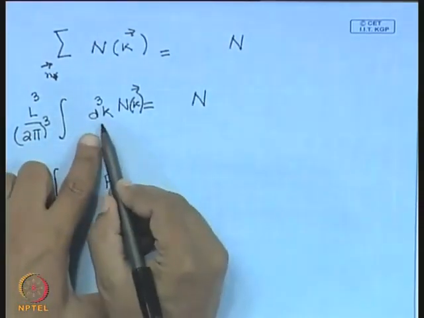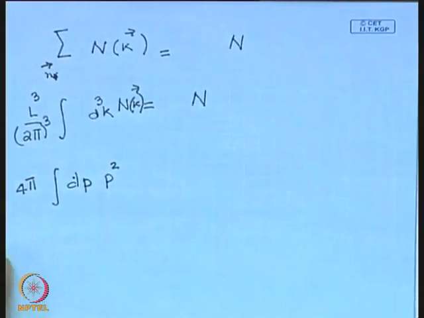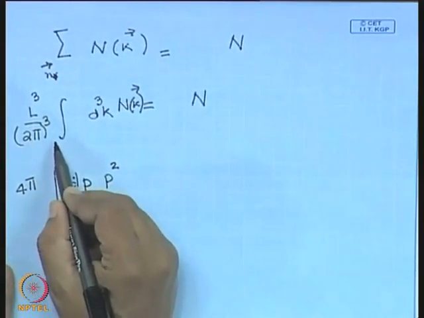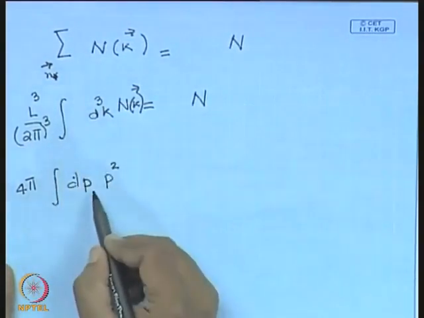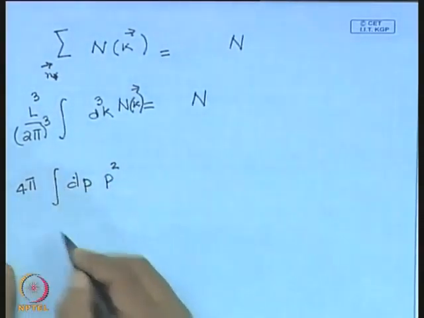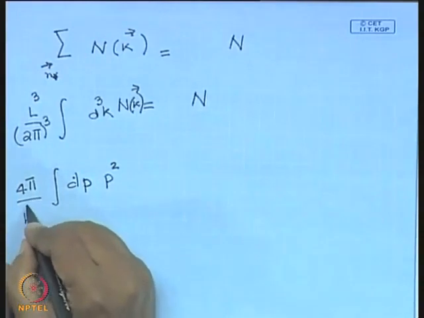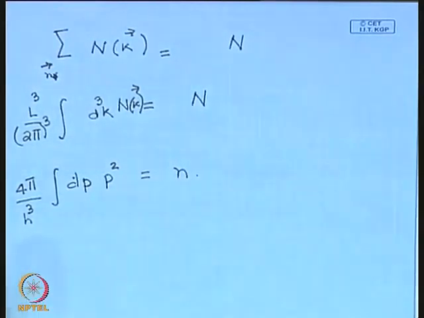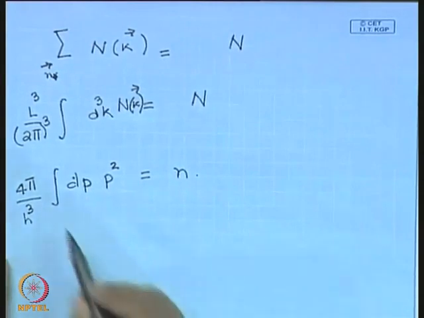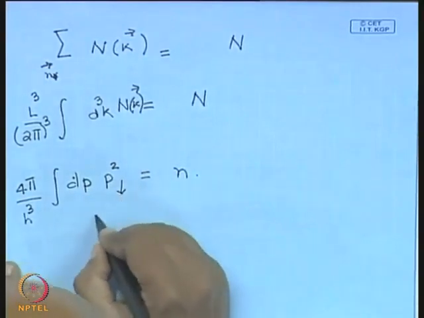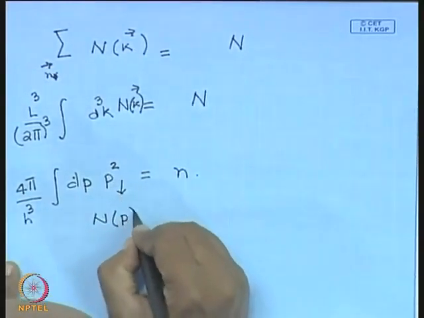The 4 pi comes from the solid angle integral in this d cube k, as I am writing it in spherical polar coordinates. There is a 2 pi here, so I have multiplied with h cross cube to convert it into p. So I divide by h cross cube, and h cross cube into 2 pi cube will give me h cube. This is equal to the number density of particles. And there will be the occupation number as a function of p over here, which I keep on forgetting.